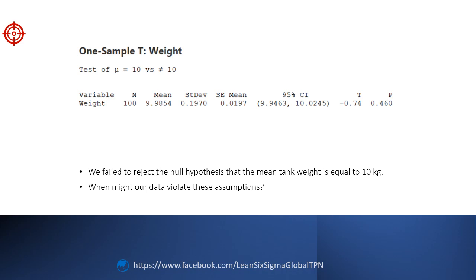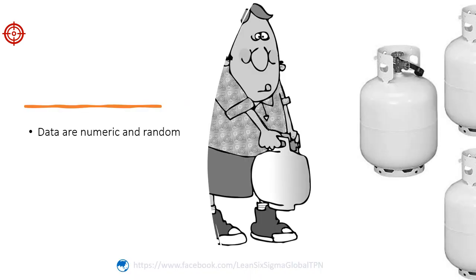When might our data violate these assumptions? Our data might fail to be random if we don't use good sampling practices. For example, if an operator cannot lift more than 10 kilograms, then our sample will be biased towards things lighter than 10 kilograms.